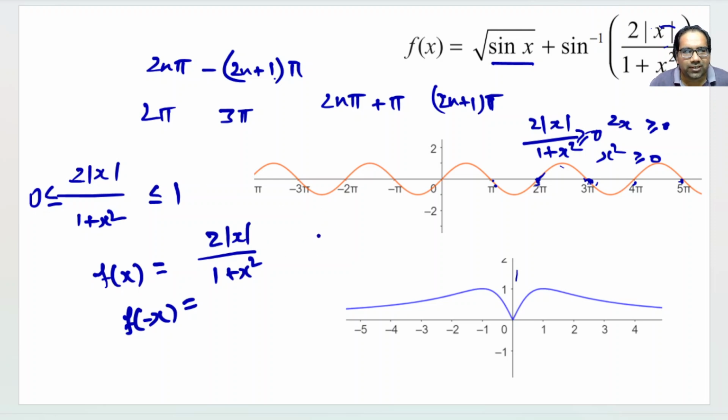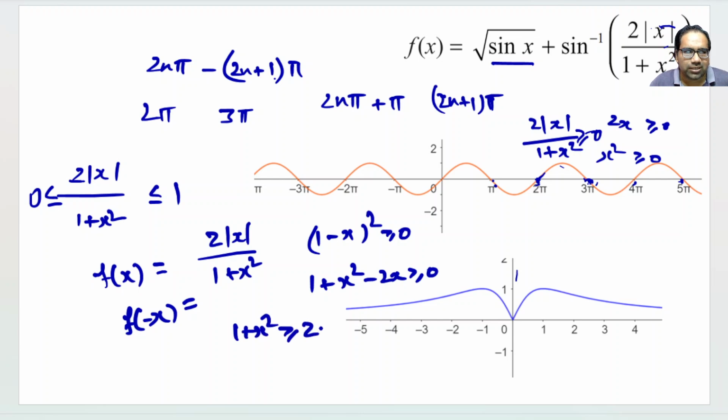Now, if we take 1 minus x whole square, this is always greater than or equal to 0. You can take x minus 1 also. What does that mean? 1 plus x square minus 2x is always greater than or equal to 0. That means 1 plus x square is always greater than or equal to 2x. That means 2x by 1 plus x square is always less than or equal to 1.